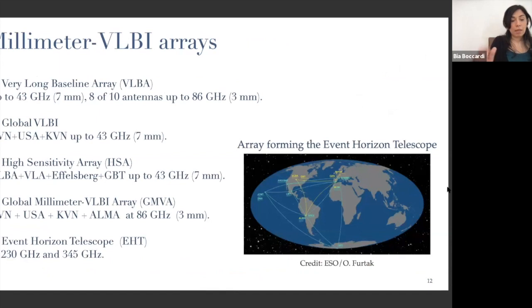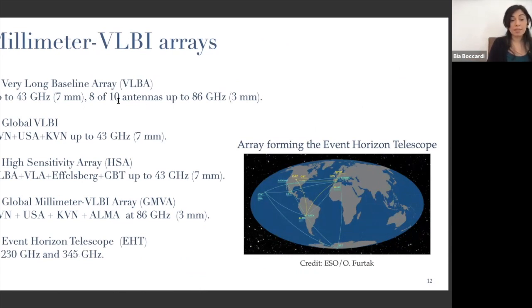Let me give you a short overview of which millimeter VLBI arrays we have today. You certainly know the Event Horizon Telescope, which has most recently produced the first image of a black hole. This is an array which observes at really high frequency in the sub-millimeter band, 230 gigahertz, 345 gigahertz. But at the lower frequencies, we have a number of other arrays.